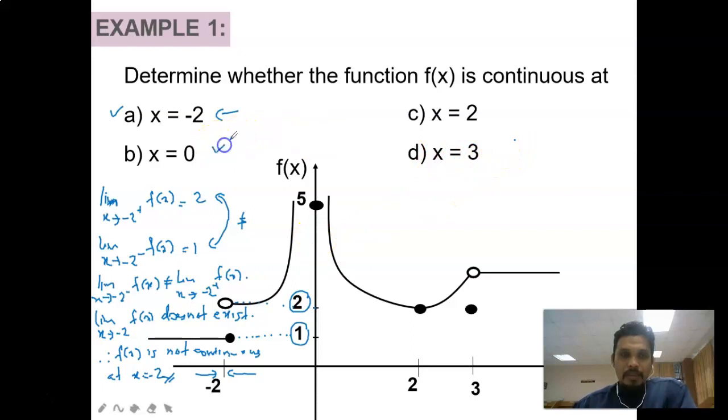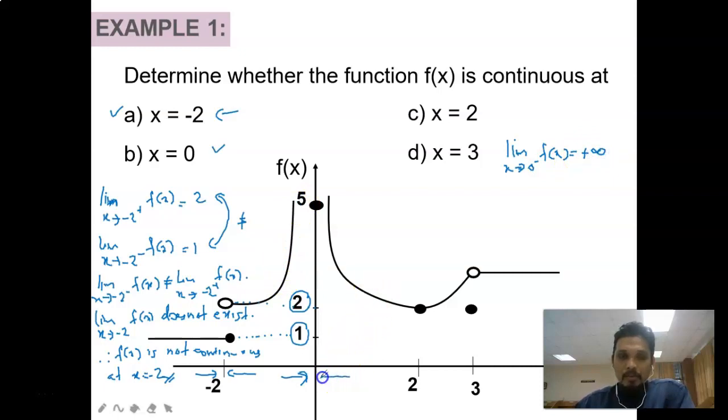Now the second one here, x equal to 0. The limit as x approaches 0 from the left of the function f(x), look at this one here now, when x approaches 0 from the left, the graph moves up, giving positive infinity.